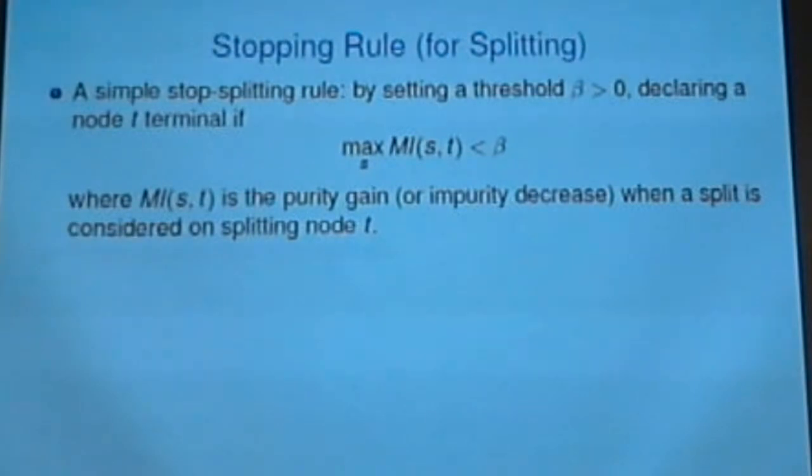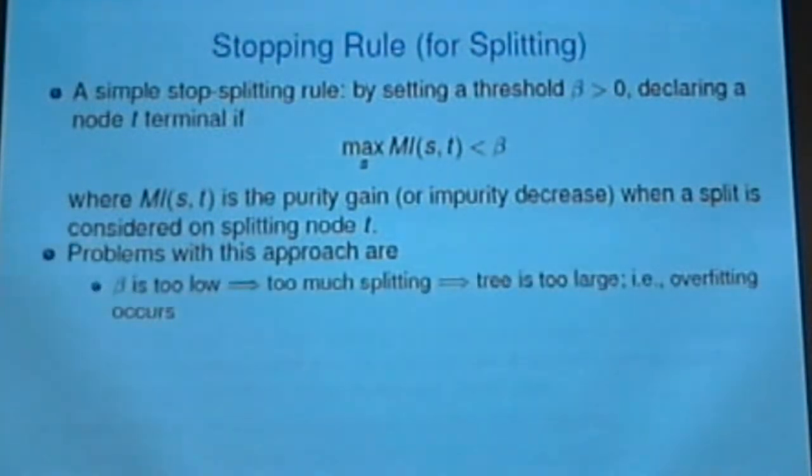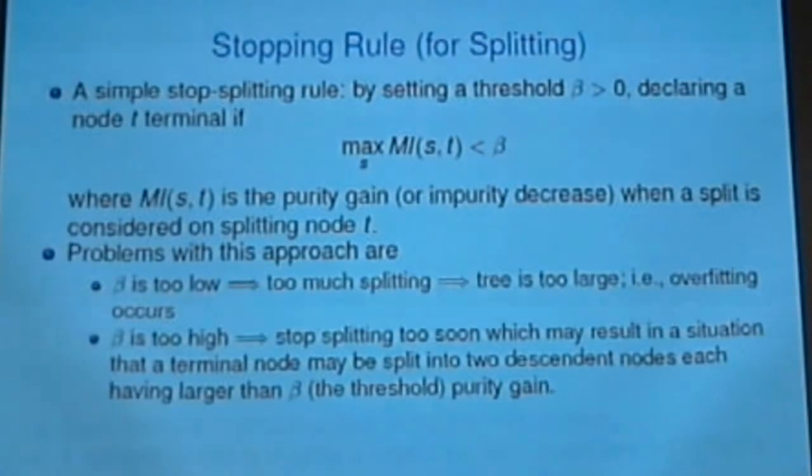We can talk about this without referring to the mathematical form, just to have the idea about this splitting. The problem with this approach is that if you set this threshold value too low, you have too much splitting, and the tree becomes so large and complicated. It's a very complicated model with too many parameters, and usually it's overfitting. If you set the threshold too high, you stop splitting too soon, and we could have an underfit result.